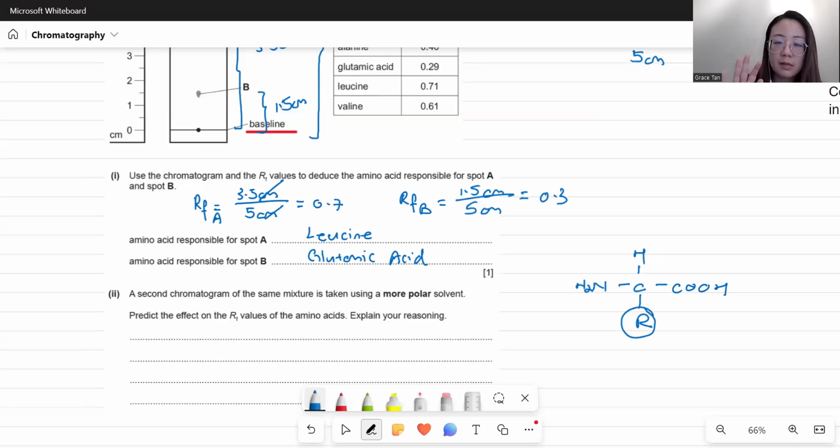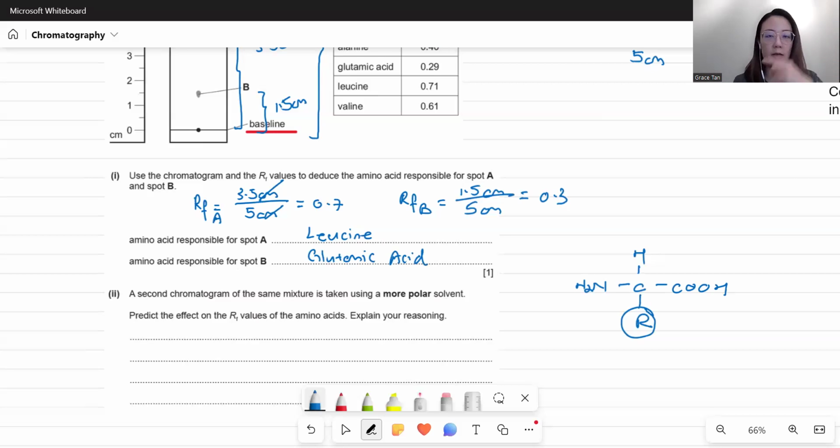First, amino acids are actually polar, and if you use a more polar solvent, they are able to interact well and be more soluble, because a polar compound, which is an amino acid, and a more polar solvent would interact appropriately.